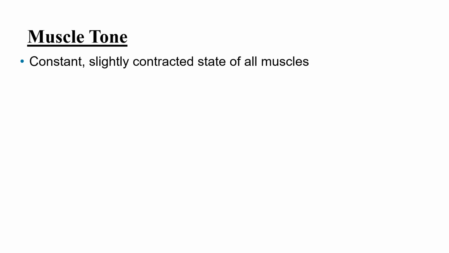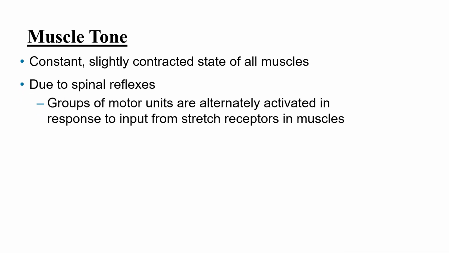Your muscle tissue feels more firm and less, the word is flaccid, or flabby, okay? If you're working out and you're exercising on a regular basis, you'll have better muscle tone. This is due to internal spinal reflexes. It never really gets up to the conscious center of the brain.